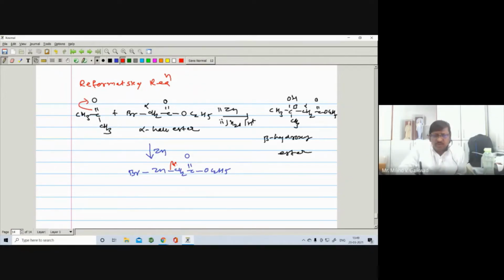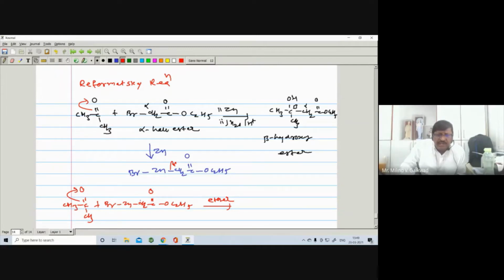So this CH2 negative will attack on the C positive, and there is a formation of, so number one, CH3 C double bond O and CH3 react with BrZn CH2 C double bond O and OC2H5, right? Reaction takes place in the presence of ether. Pi bond opens on the oxygen, O negative C positive.